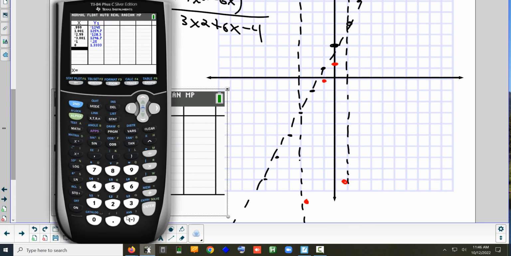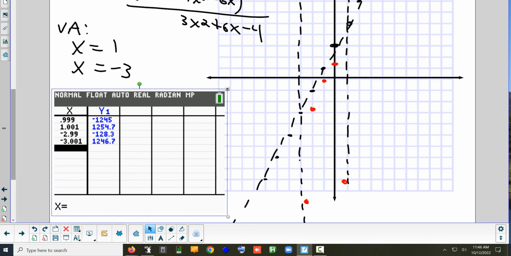Yeah, negative 2, negative 2.7. All right, so what's happening in the middle? I'm going to stay close, get closer and closer, and get closer again. Okay, so there's the middle.